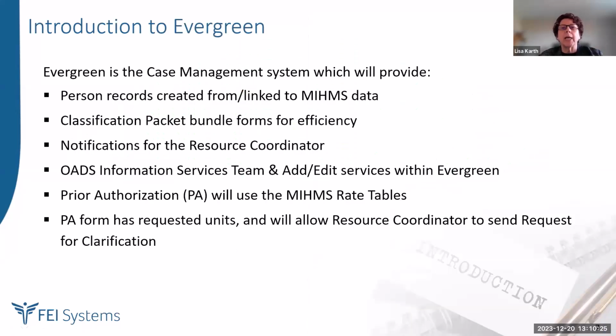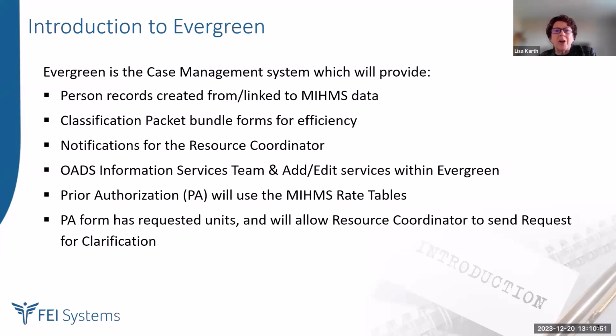So Evergreen's doing a lot of different things for you. So there's a lot of great things that come out of Evergreen or that are part of Evergreen. And these are what I call oohs and ahs, because they're items that help make your work life easier. So for example, person records are created from and linked to MIMS data.